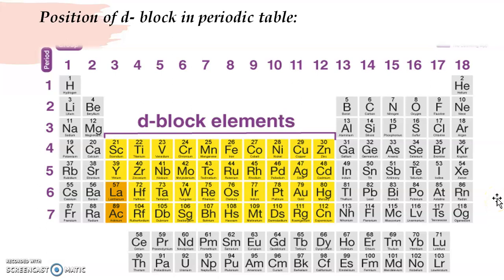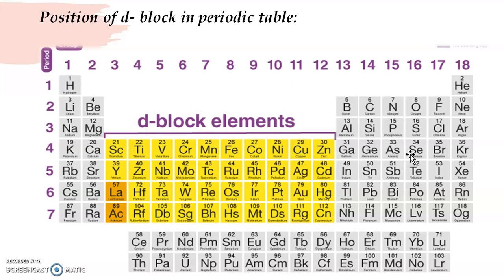It consists of 4 series and each series consists of 10 elements. In these elements, the last electron enters the d orbital of the penultimate shell. That is, the last electron goes to n-1 d orbital. Hence, these elements are named as D block elements.